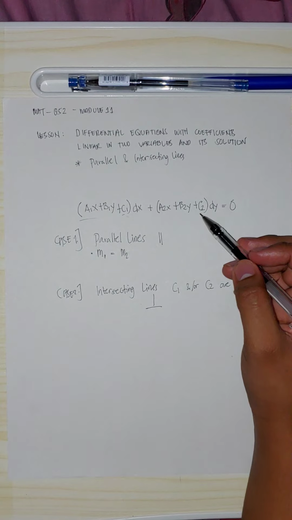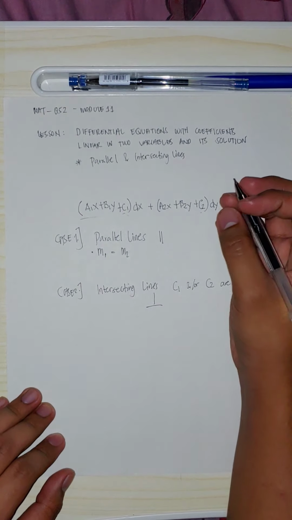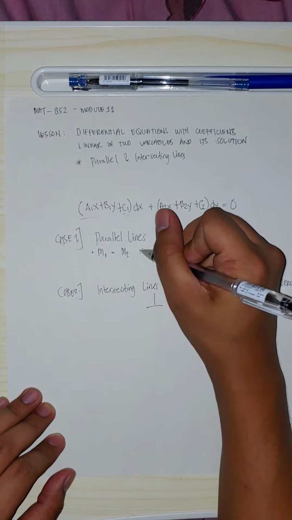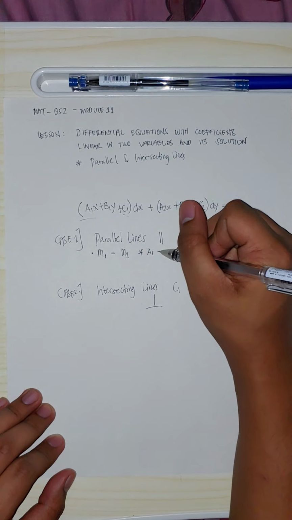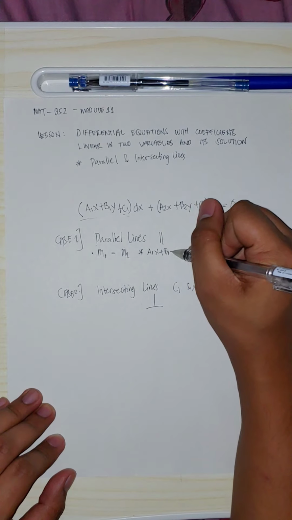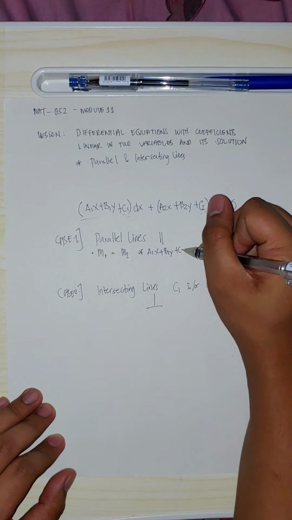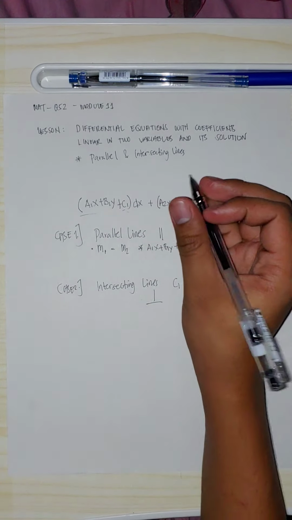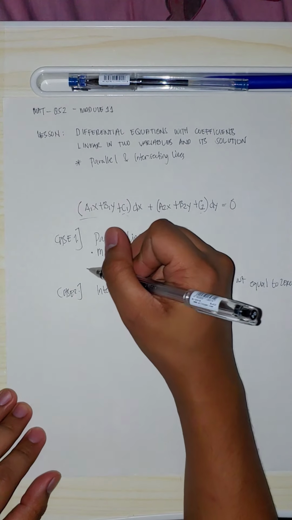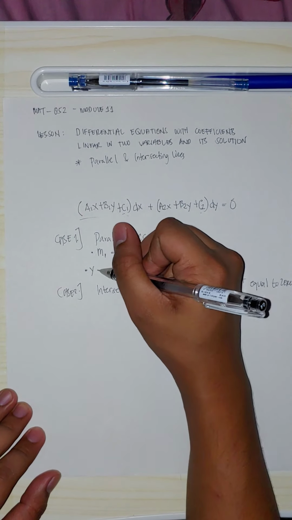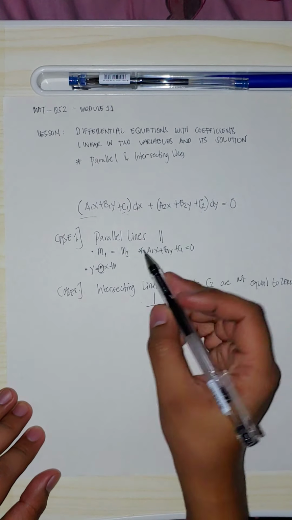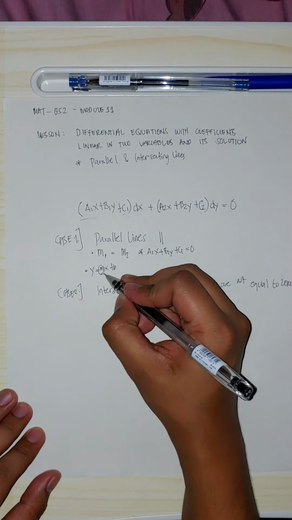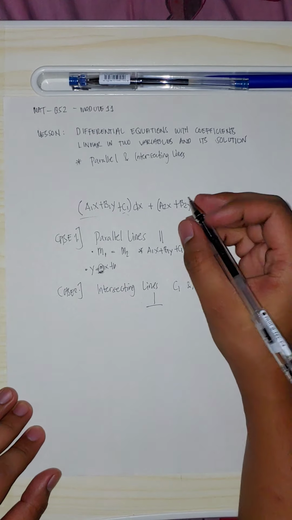So, what is the slope of the first function? You write it into linear form. So, this is a linear equation: a1x plus b1y plus c1 is equal to 0. To know the slope, we have the slope-intercept form, y is equal to mx plus b. So we rewrite the equation into y equals mx plus b, where m is the slope.